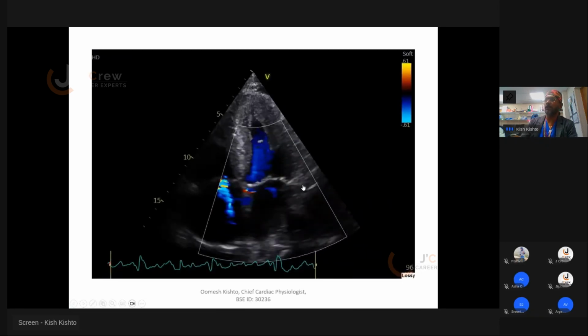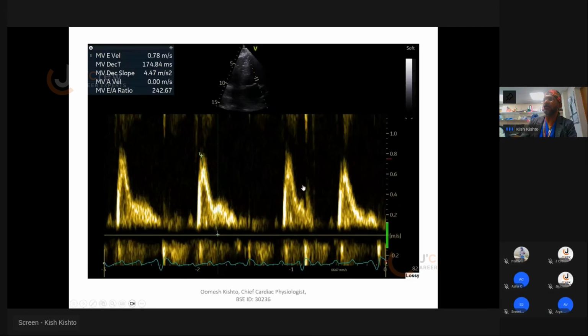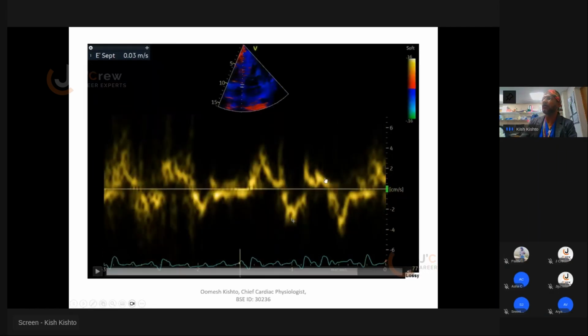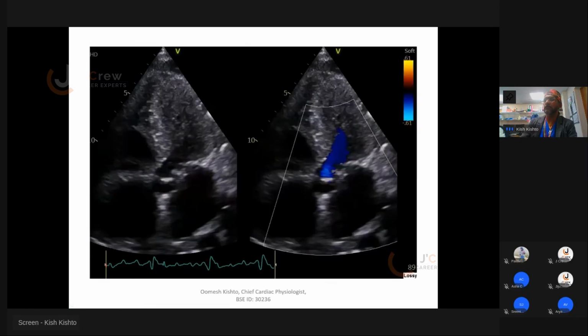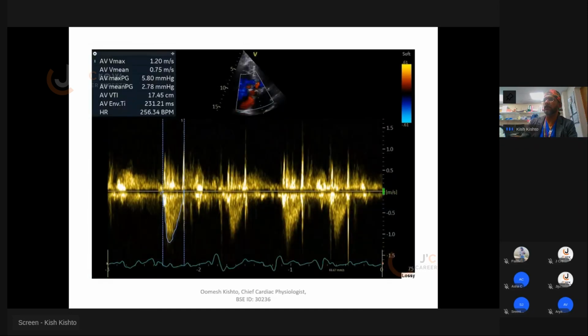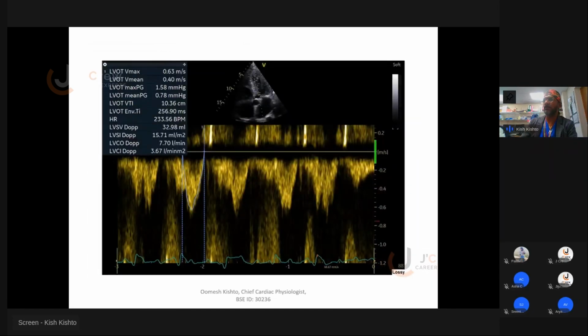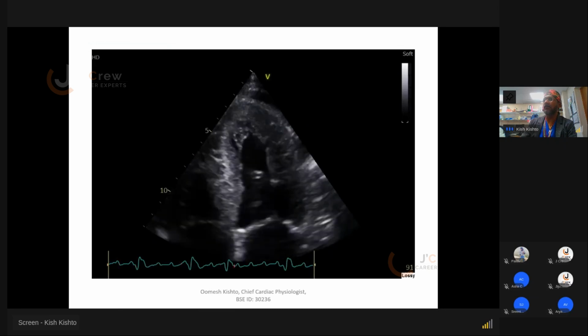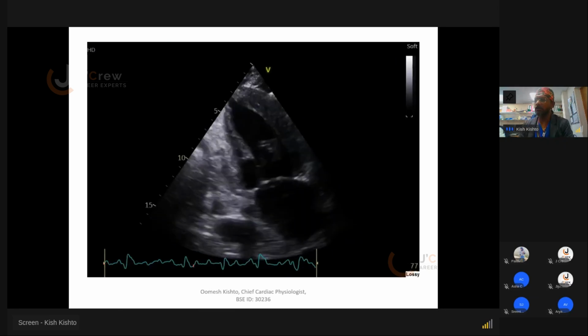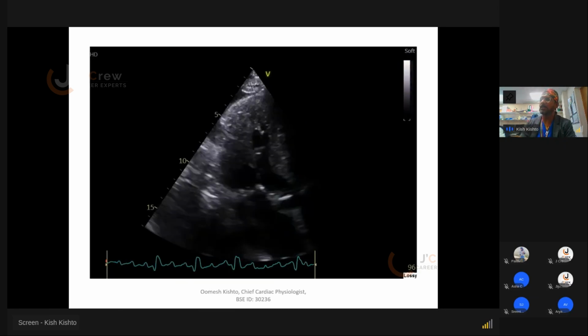Okay, I'm not going to spend too much time here. But what we're going to look at here is, so the AV is normal, the LVOT, and then I'm sure I did it just to check if there's any gradient in there.